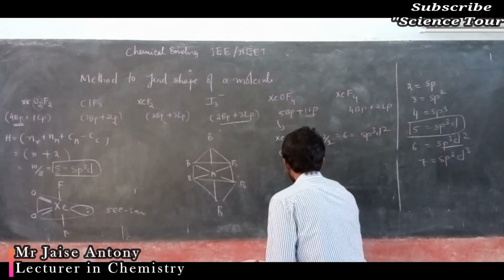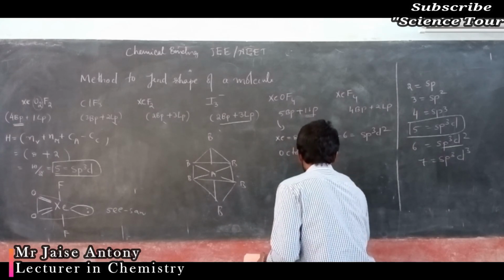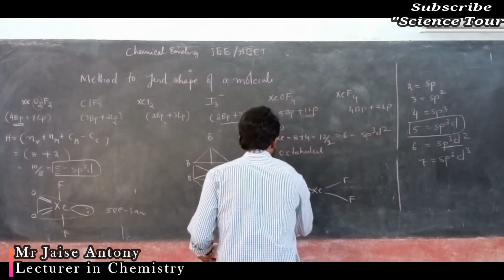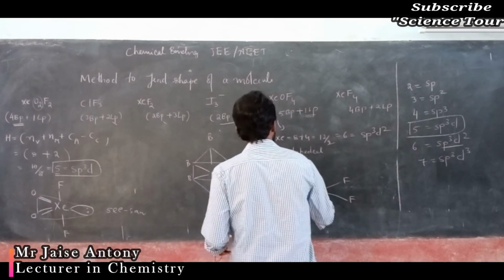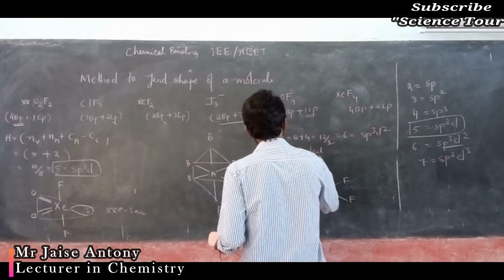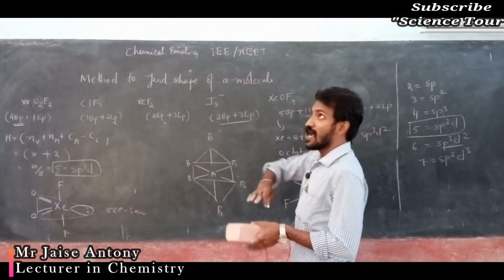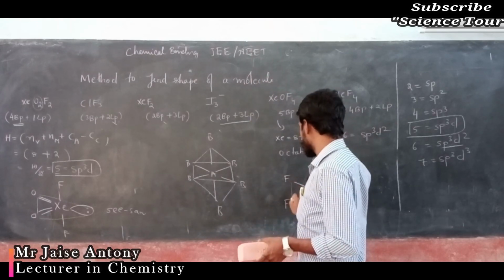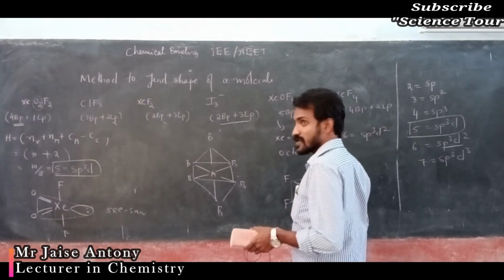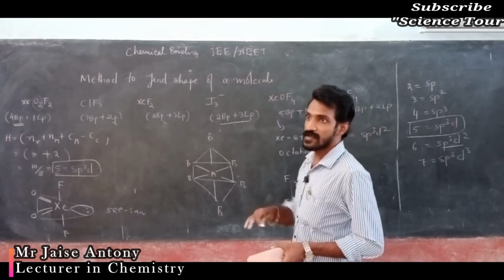The xenon oxyfluoride. In this case, I keep one oxygen here. Why? To avoid repulsion. See, this is actually square planar. Imagine a square planar, and one is above, another one is below.